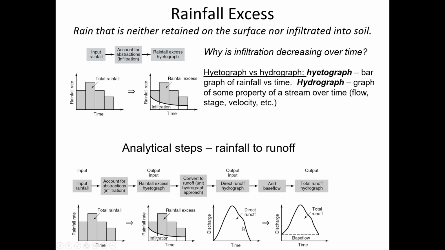So we're going to go through a lot of different methods for linking the rainfall excess to the shape of the hydrograph. And then the final step that this is showing is just trying to figure out, when you have a hydrograph, how much of that is base flow that would always be in the stream due to the groundwater, and how much of that runoff is due to the storm event itself.